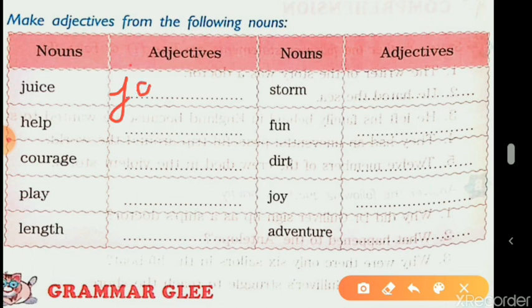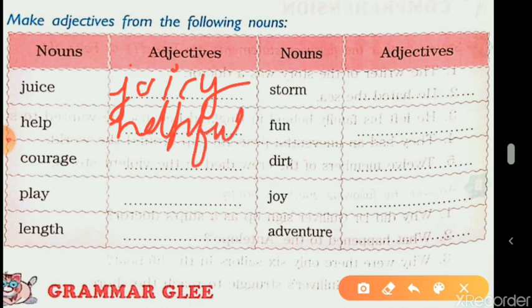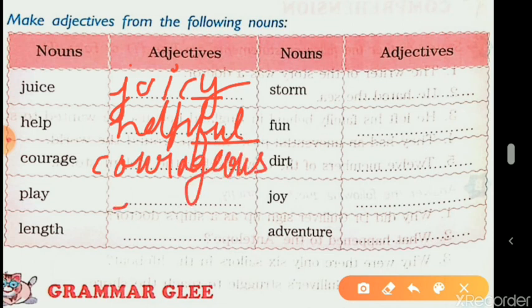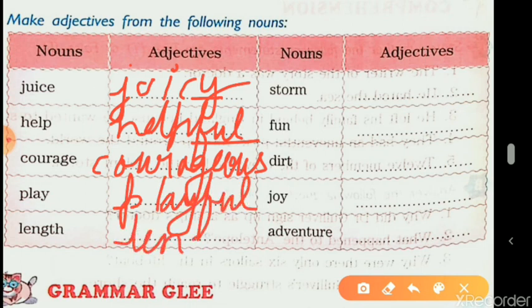Juice, juicy. Help, helpful. You need to remember the words. Courage, courageous. Same spelling, just need to add O-U-S at the end. Play, playful. Length, lengthy.